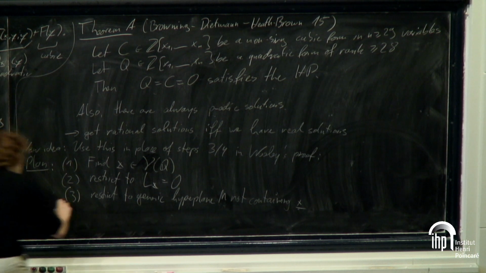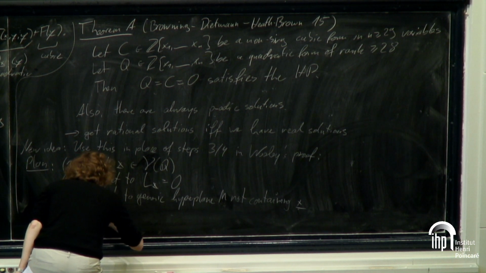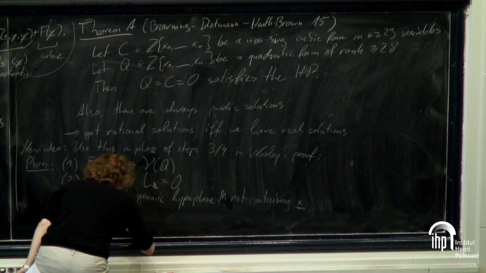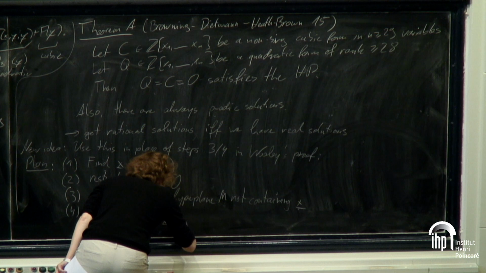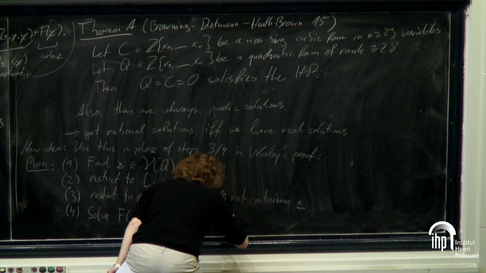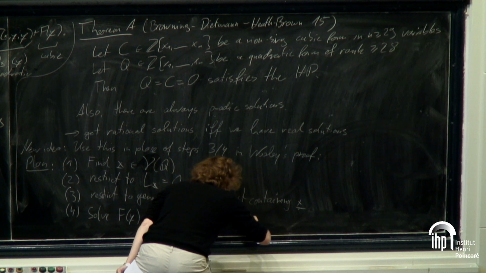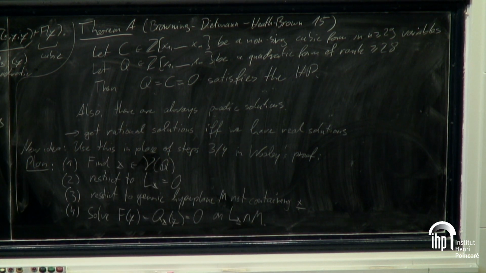And then the fourth step is to solve f of y equals q x of y equals 0 on it. I'm abusing notation a bit here, and I'm calling the hyperplane Lx.